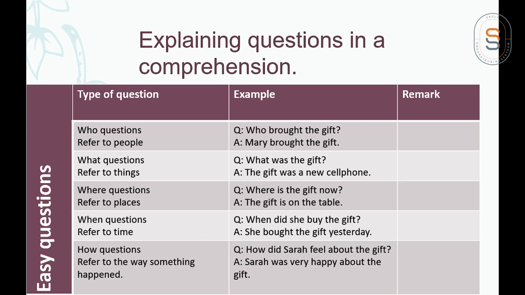So how questions refer to the way something happened. How did Sarah feel about the gift? And in a full sentence, Sarah was very happy about the gift. So our first section, the keywords who, what, where, when, how, those are all words that you can highlight when you go through your questions.